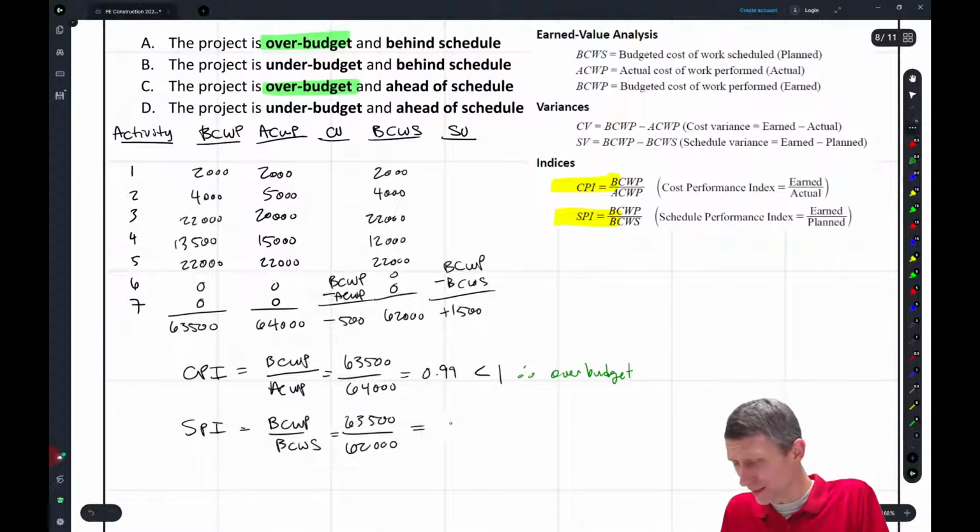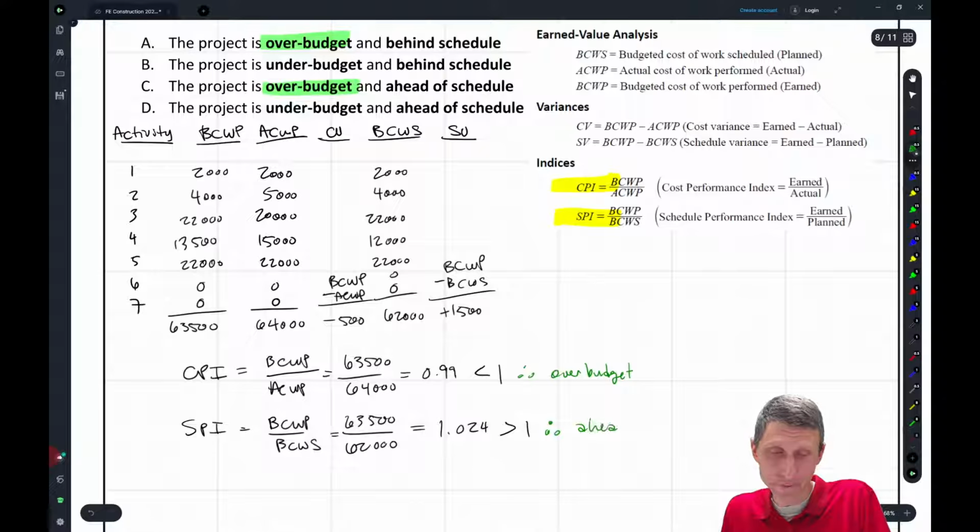And that's going to be about like 1.02, maybe 1.024. This is greater than 1. Therefore, we're ahead of the schedule. Okay. So we are ahead of schedule here.